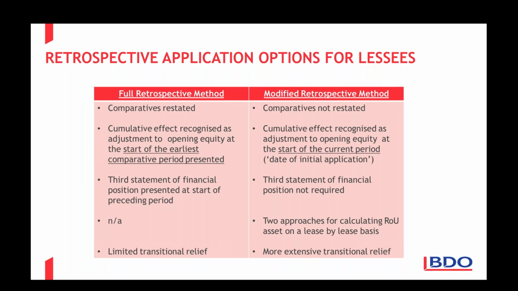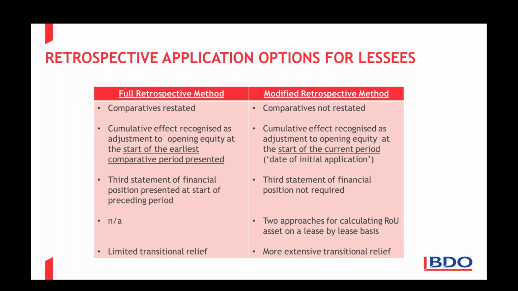If you look at the full retrospective method, which is basically the full retrospective disclosure method, your comparatives will be restated. The cumulative effect would be recognized against opening retained earnings at the start of the earliest comparative period that you present. So let's say you've got a 31 December year end. You'll have 31 December 2019, your current year under the new standard.